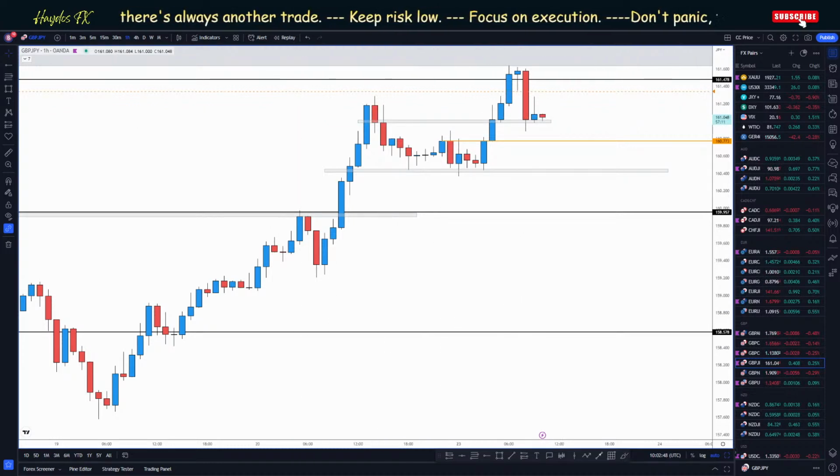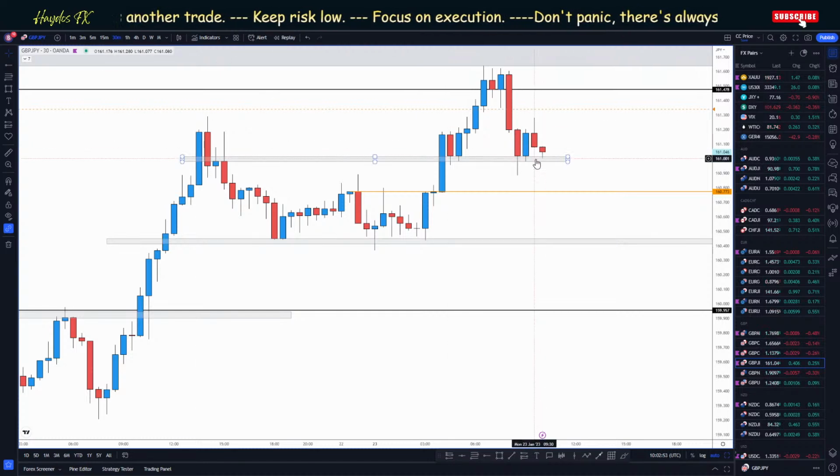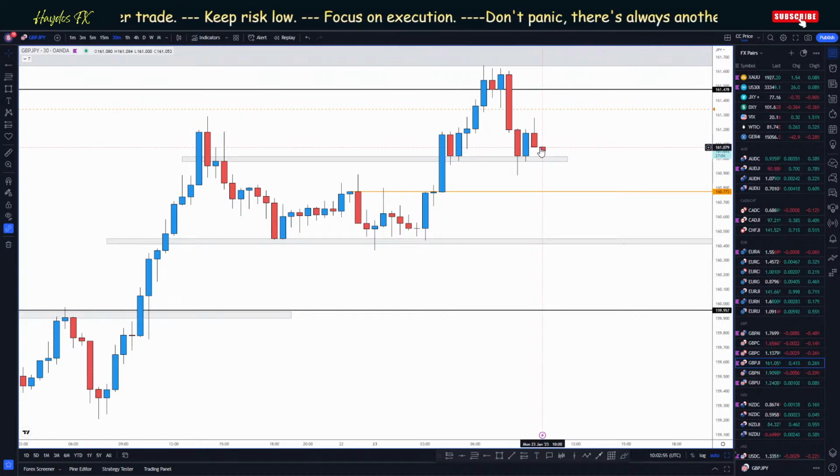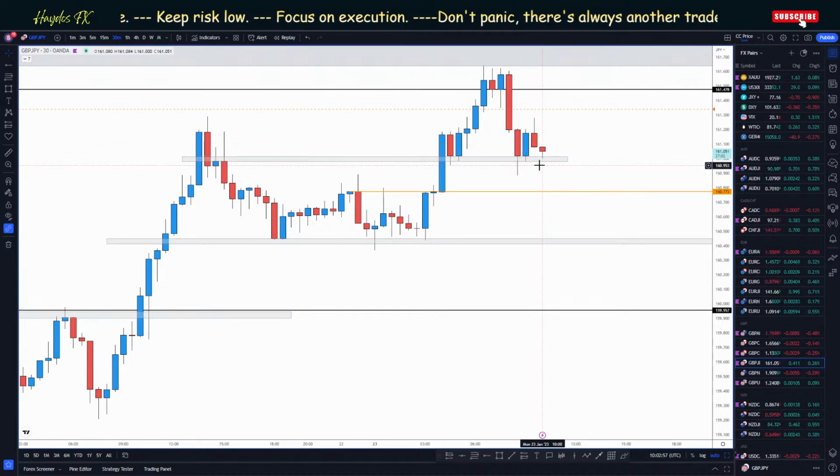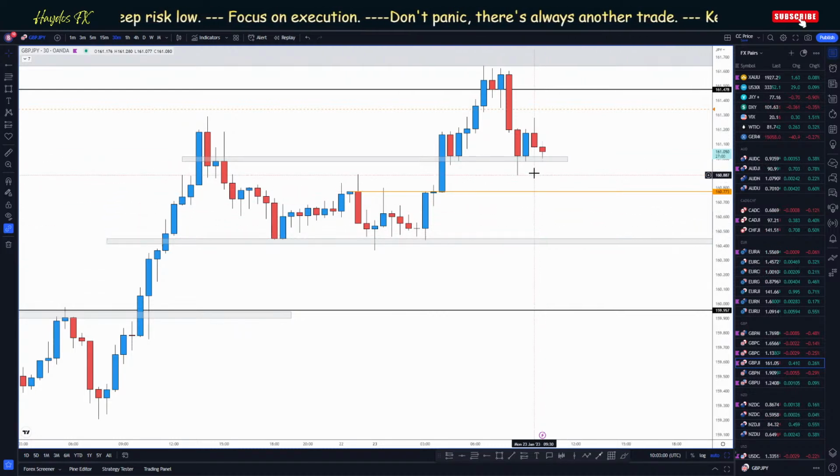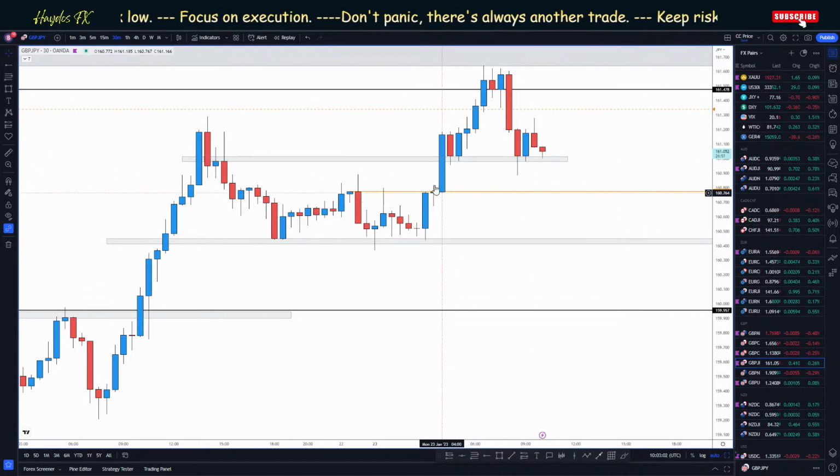Pound JPY. Support, resistance candle. 40 pip range. Got this little doji problem.